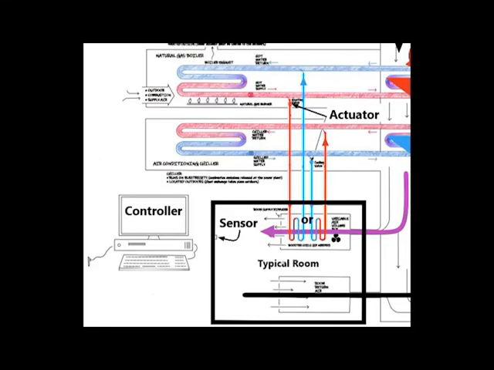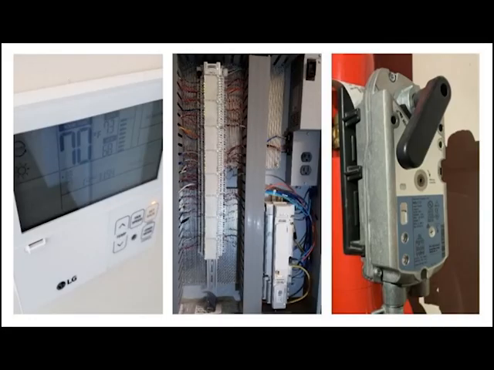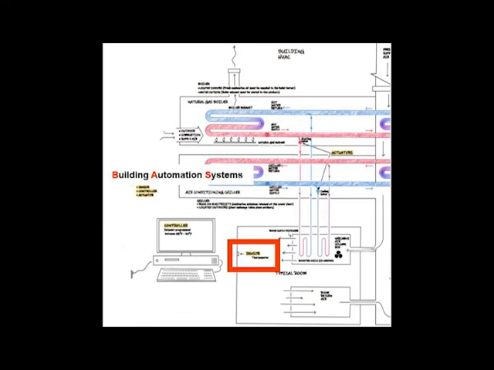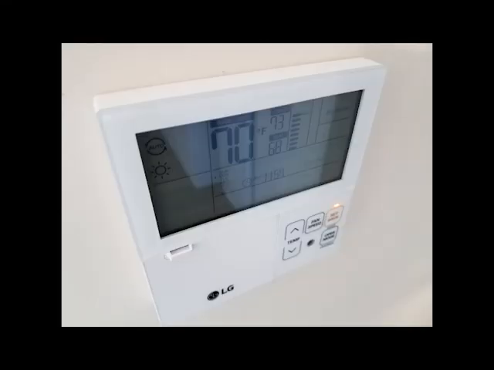Room adjustable local control is usually provided with an individual BAS application for heating and cooling. Let's review how it works in this case. The room sensor, which is constantly monitoring temperature, sends its information to a controller.